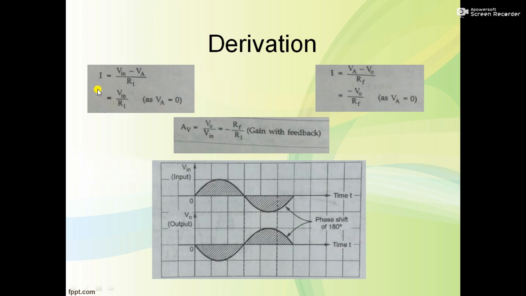Next, come to the derivation part. In the derivation, we write two different current equations. One current is at the input side, another current is at the output side.